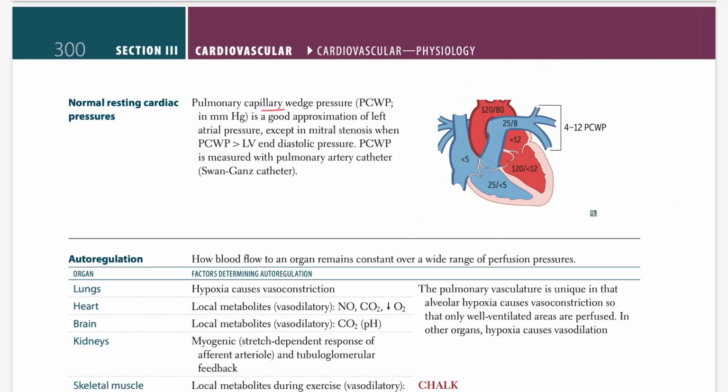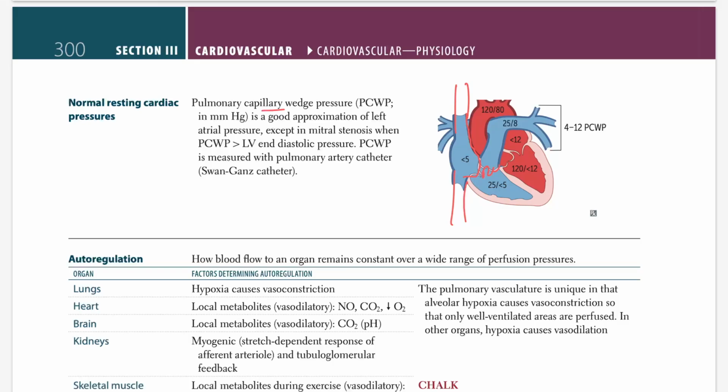Now let's look at the normal pressures, high yield. What are the normal pressures? Normal pressures in the superior vena cava or inferior vena cava, or even the right atrium, are going to be less than 5. In your right ventricle, the pressure is going to be 25 over less than 5.